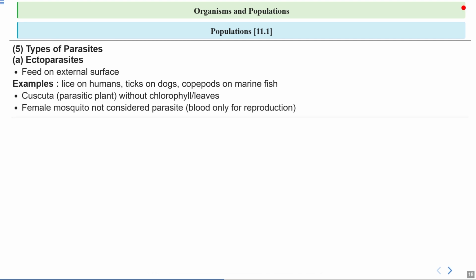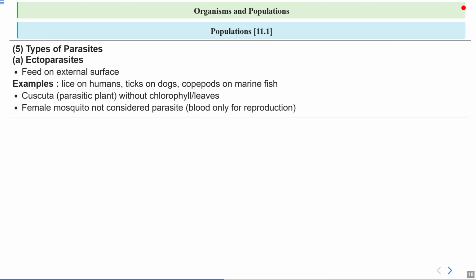Another example is the female mosquito. Although it is not considered a parasite, this female mosquito sucks blood from its host. But this interaction is not considered parasitism, because a parasite is totally dependent on the host and lives inside the host.